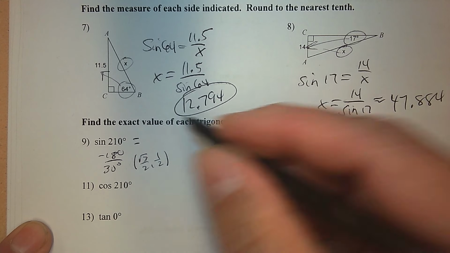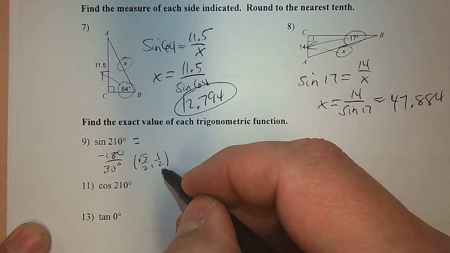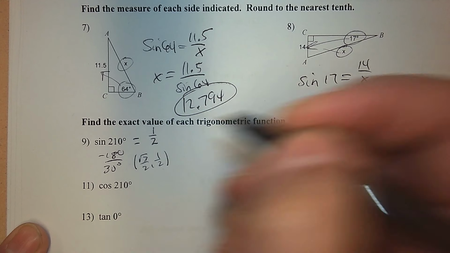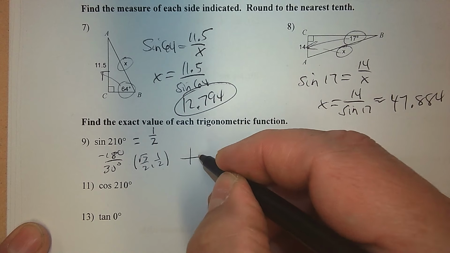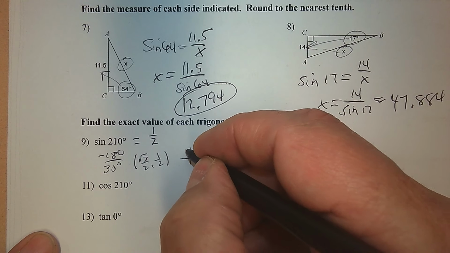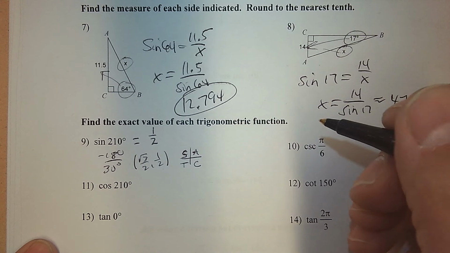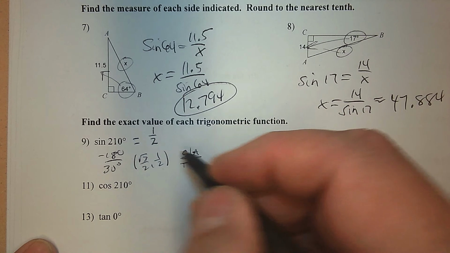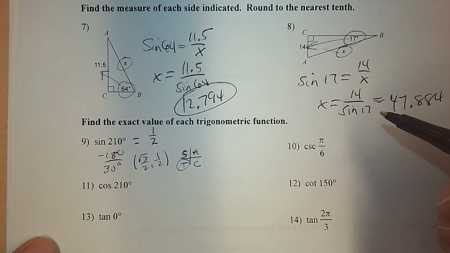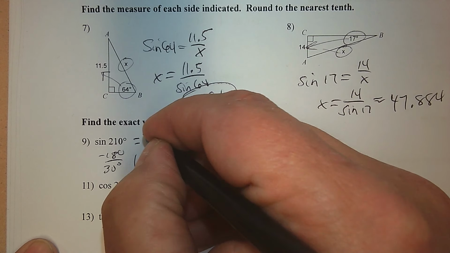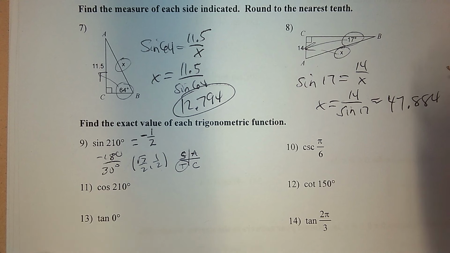I need to know the definition of sine is the y coordinate. And then the last part, I need to know the quadrant. All students take calculus. So we're in quadrant number 3, and in quadrant number 3, only tangent's positive, so sine is negative.